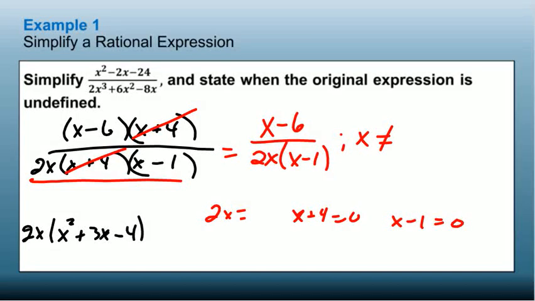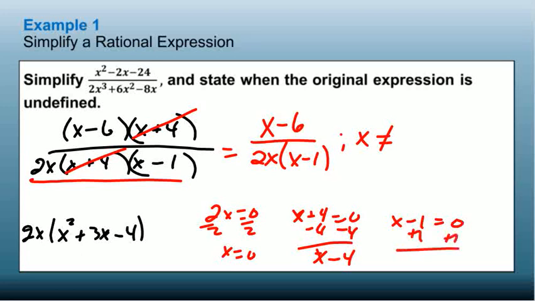So divide by 2, x would equal 0, subtract 4, x would equal -4, add 1, x would equal 1. So for our answer, x cannot equal 0, 1, and -4.